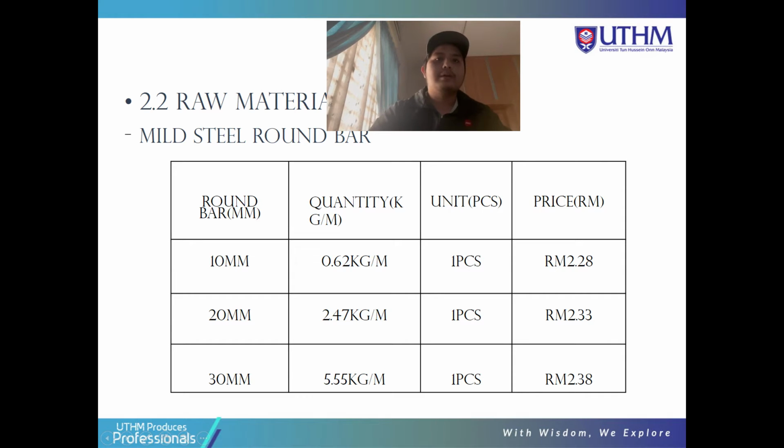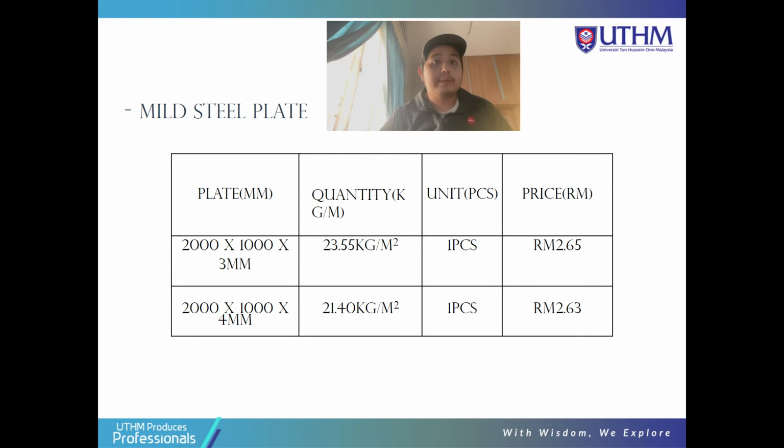Next, we have two types of plate which are used in our heavy duty slip fit base project. The first plate is 2000 times 1000 times 3 mm. The second plate is 2000 times 1000 times 4 mm.